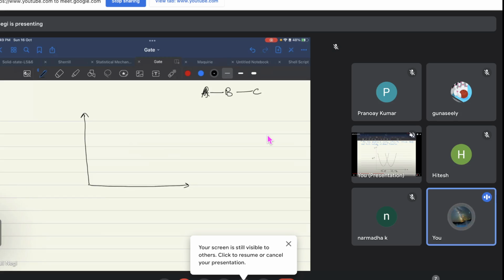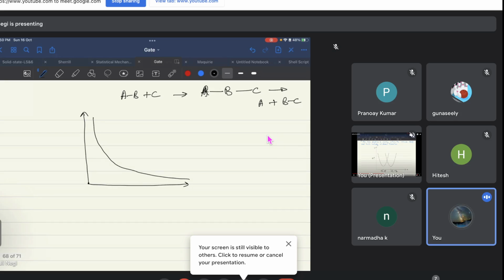Before this it was AB plus C, and after this it is A plus BC. If you go through the reaction coordinate, for my reactant it was AB plus C, and when it reaches here it was A plus BC.